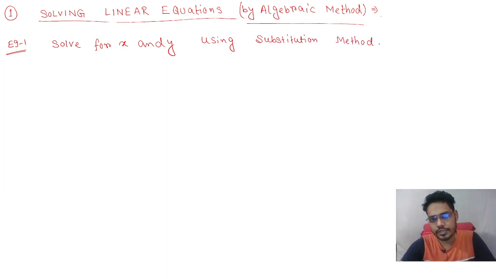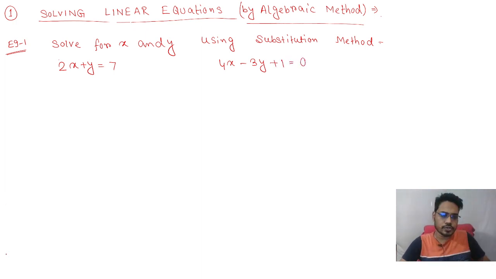The first question is given this. What is given: 2x plus y is equals to 7 and 4x minus 3y plus 1 is equals to 0. Two equations are there and we will use the substitution method.